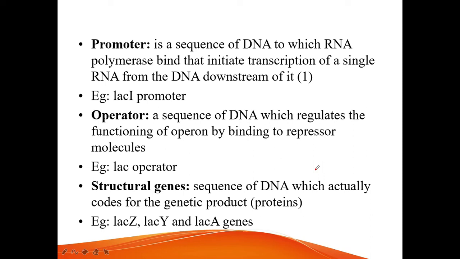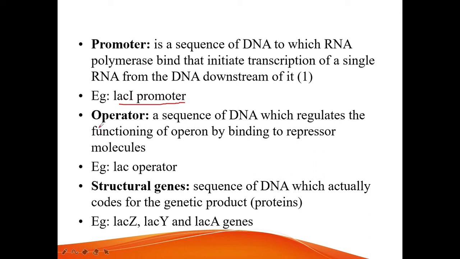Now the promoter, as the name suggests, promotes the transcription event. Promoters are the sites where RNA polymerase binds and initiates transcription. The example given here is the lac I promoter, and it doesn't have any other regulatory regions. There is no operator site, so RNA polymerase will bind and transcribe the lac I gene.